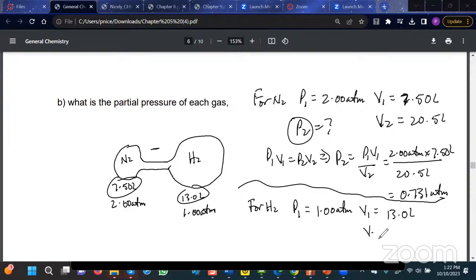What's V2 for hydrogen? 20.5 liters. So therefore, we need to find P2. So how do we find P2? Let me do that over here. How do we find P2? For hydrogen, for H2.